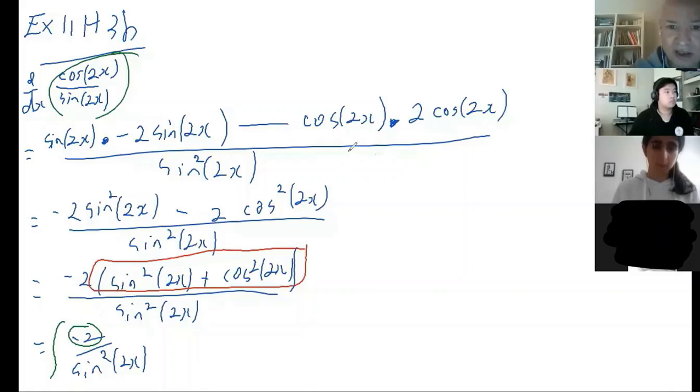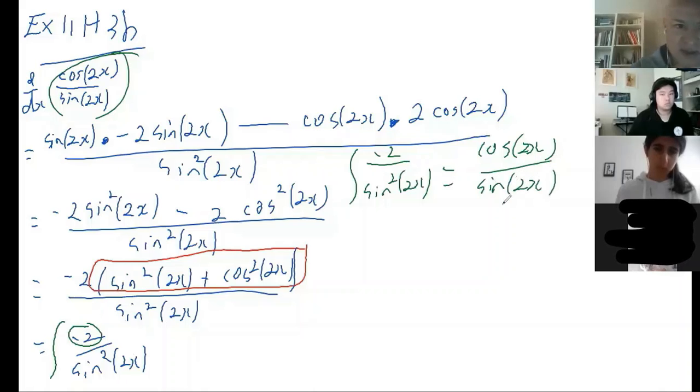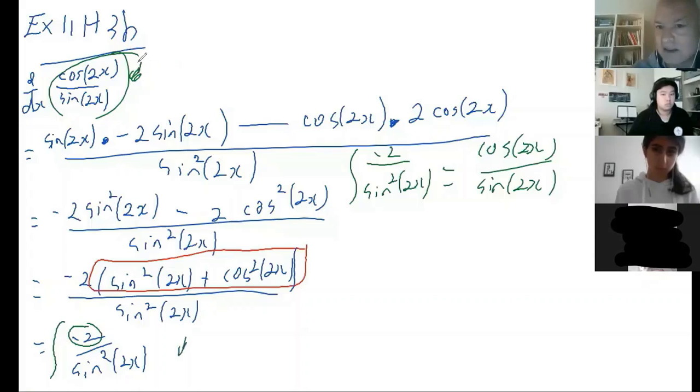I'm going to use that knowledge: the integral from negative 2 sine squared 2x equals cos 2x divided by sine 2x. It has to equal that because we just differentiated this and got that answer. So if I integrate this, I must go back to that.